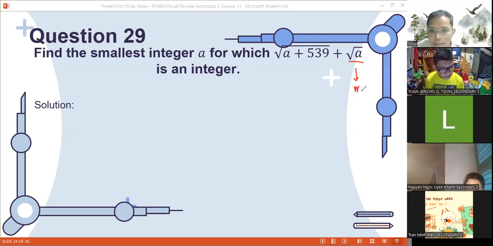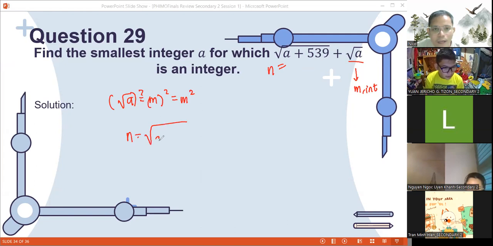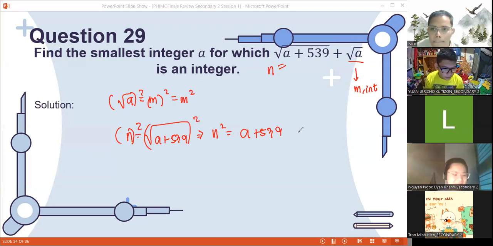Let's say that the square root of a is equal to m, an integer. Let's say the square root of a plus 539 is equal to n. Then n squared is equal to a plus 539, right? So you square this one, you square this one.